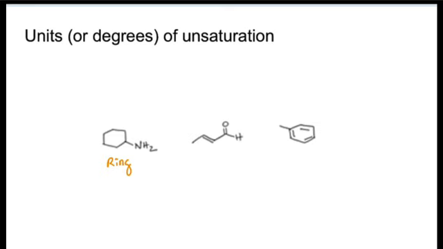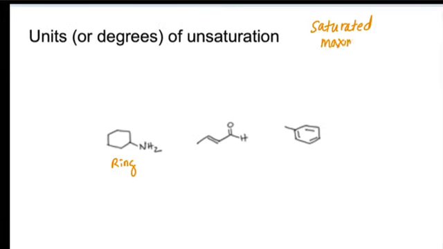A saturated system, by definition, would be a compound that has a maximal number of hydrogen atoms for the given number of carbon atoms.